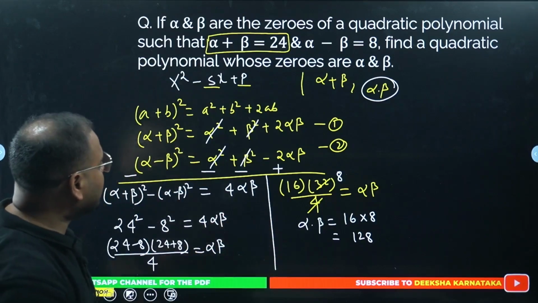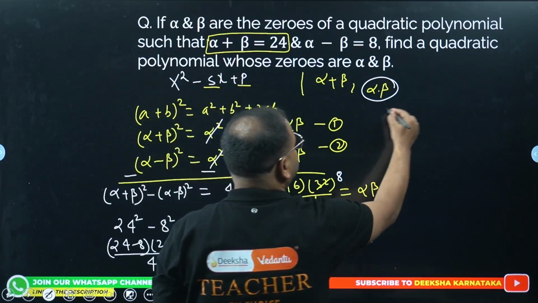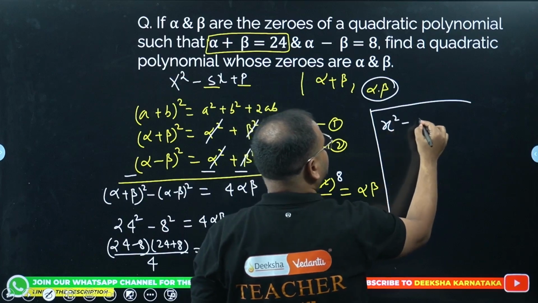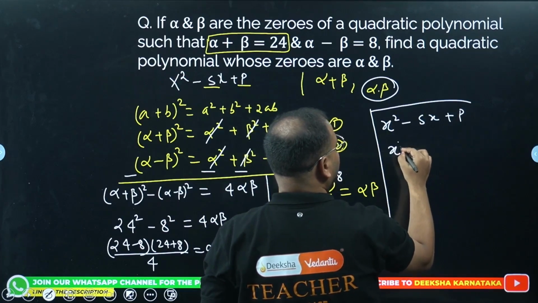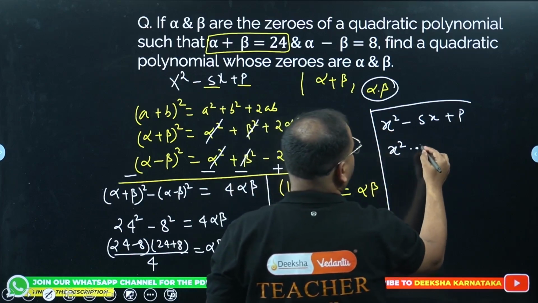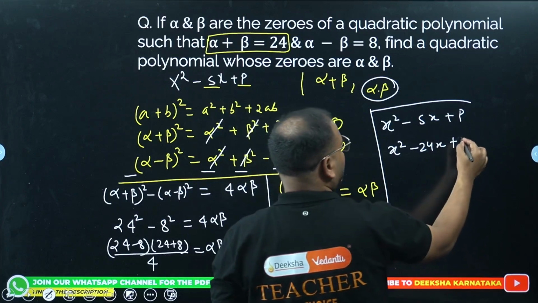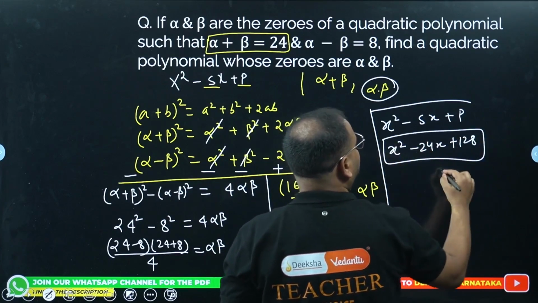Now we know the product, and we know the sum, which is 24. So I can write the final answer: x square minus sum times x plus product. So x square minus 24x plus 128, and this is my final answer.